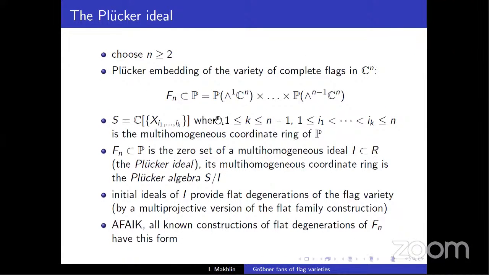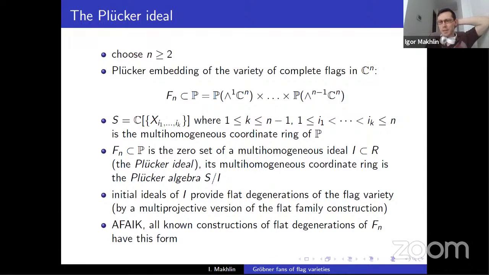Igor, excuse me. Sure. So what is the geometric meaning of these degenerations? The flag variety is a set of increasing sequences of subspaces. How do you see degenerations? What's the geometric object? Okay, well, as we will see, there are very many different ones. Every initial ideal defines some degeneration. So if you want to give a description like this, there has to be a separate description for every initial ideal.